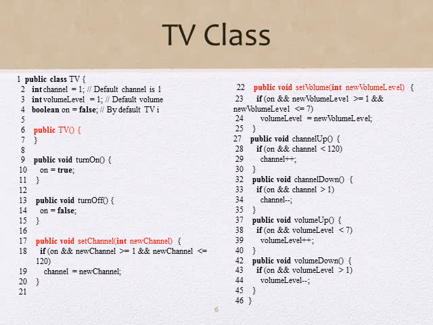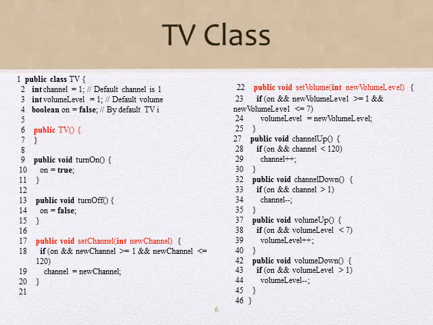Lines 2 through 4 declare and initialize our properties. Lines 9 through 13 turn our TV on or off. Really, all they're doing is setting the value of variables of our class.